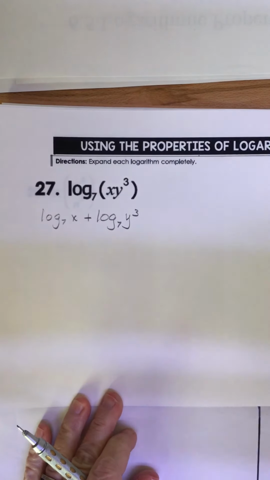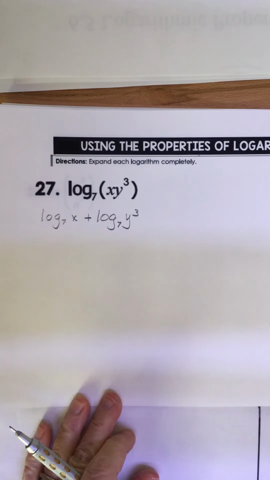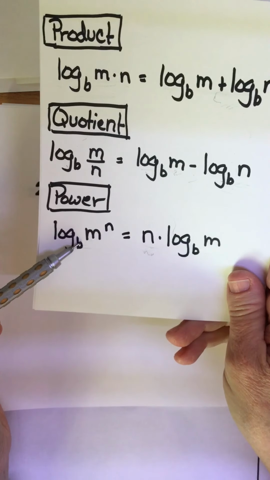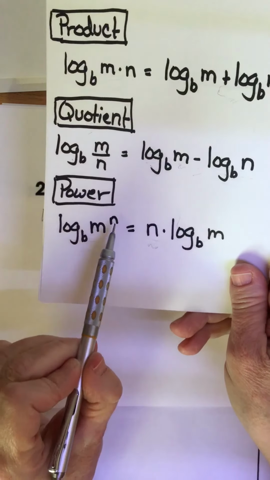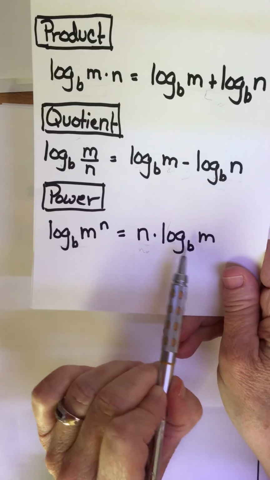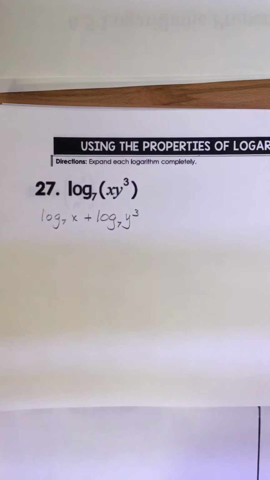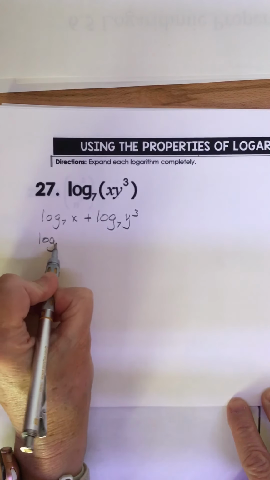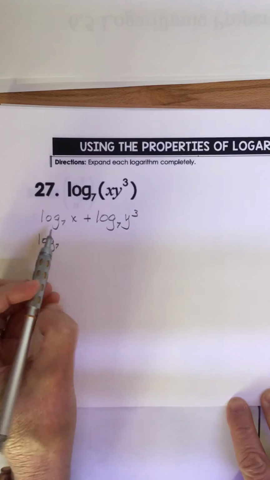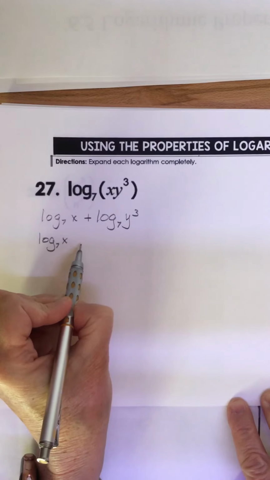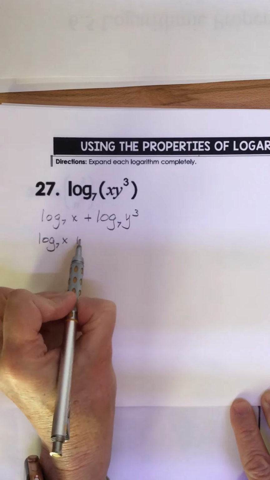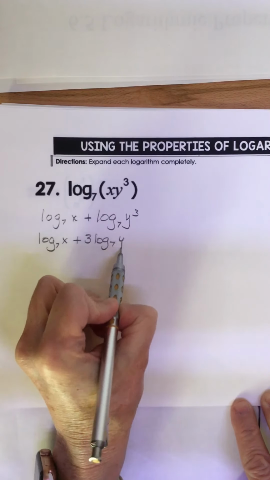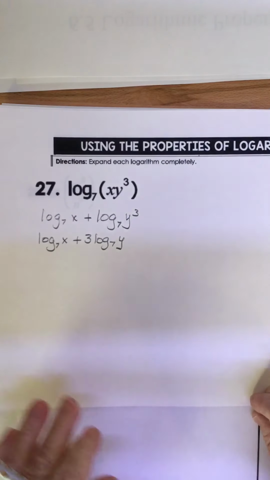All right, and so now, since we have an exponent right here, so this is the condensed form, and we're taking this and going over here. So let's go ahead and do that. So log base 7 of x plus 3 log base 7 of y. And you're done.